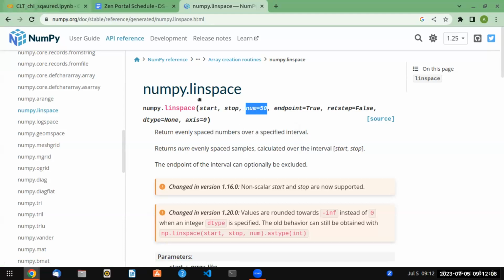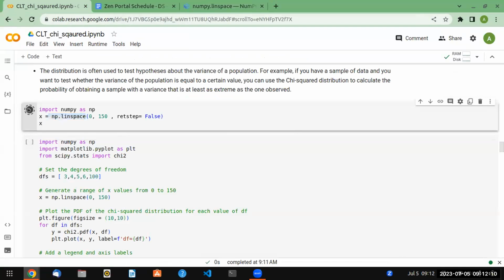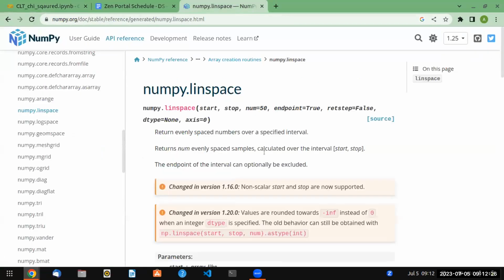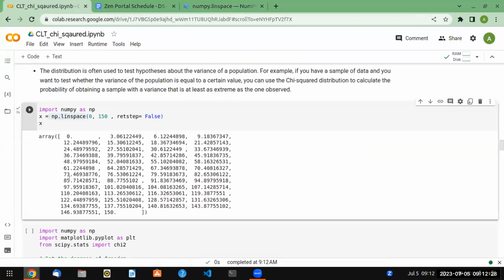If you don't give anything, it will take 50. Now if I run this, can you see what it generates? From 0 to 150, and how many points are generated? 50, because I have not given anything.